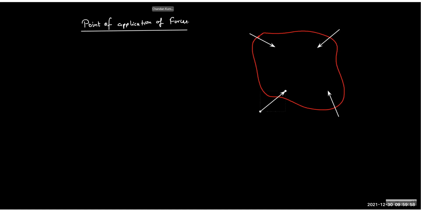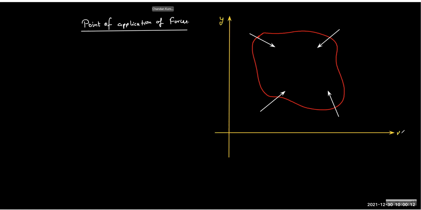What we do next is we make a coordinate system, and these forces will produce some torque.